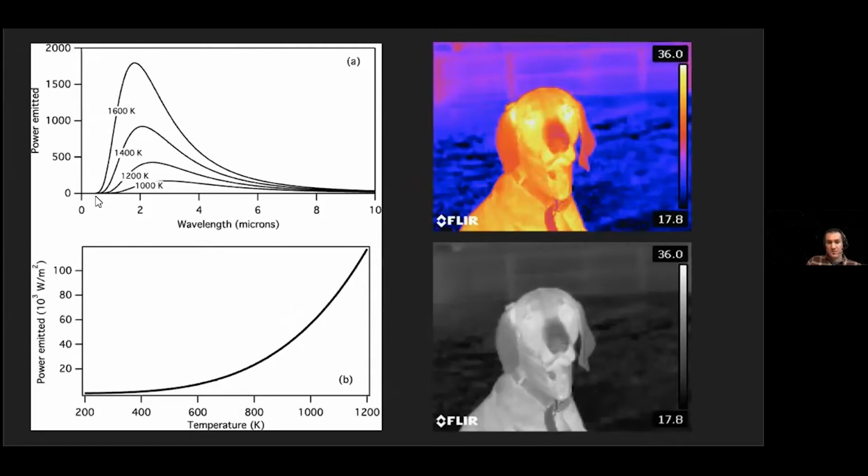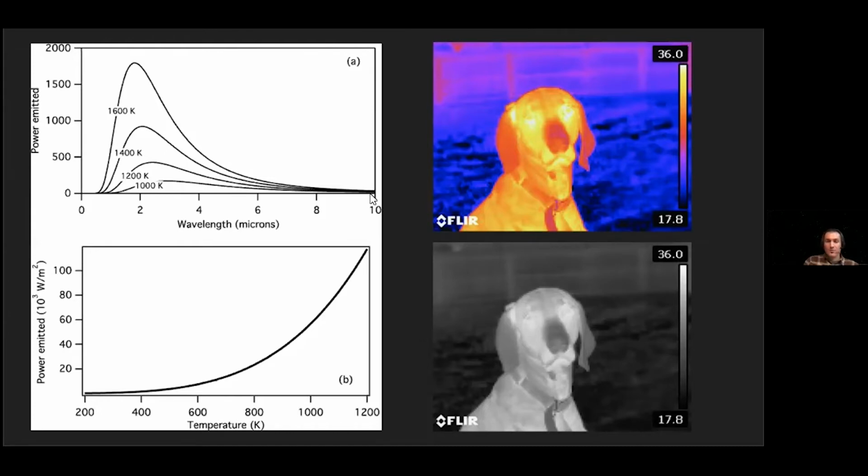The Sun's surface temperature is around 6,000 Kelvin. Its peak of wavelength emission is around 0.5 micrometers, which is right in the middle of the visible part of the spectrum. In comparison, Earth's surface temperature is cooler, around 300 Kelvin, and its peak is around 10 micrometers, which is in the infrared portion of the spectrum.